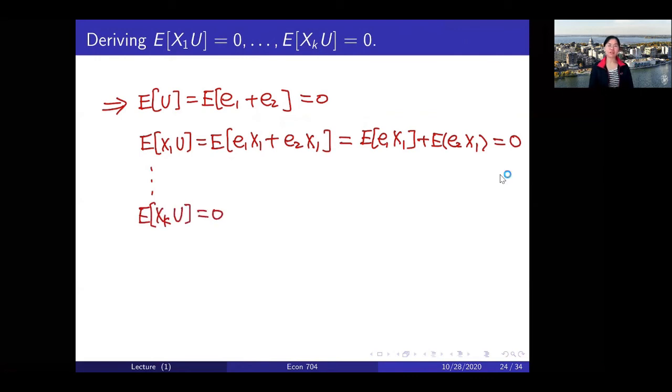And we have shown that the error term in the linear projection model automatically satisfies the orthogonality condition. So u is orthogonal to all the x variables by definition.